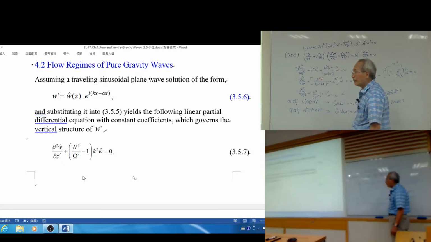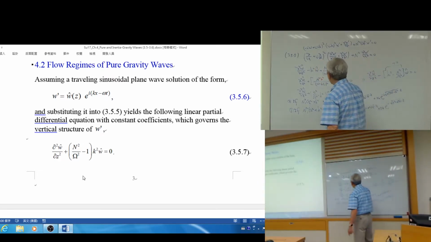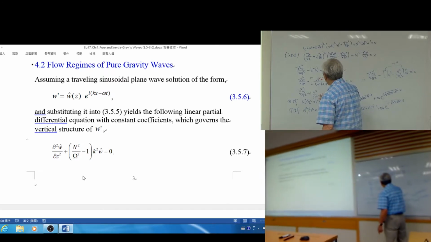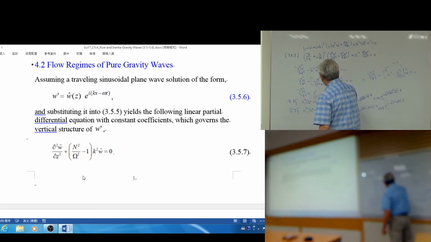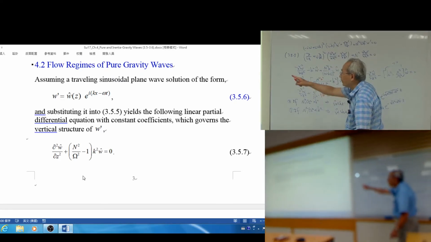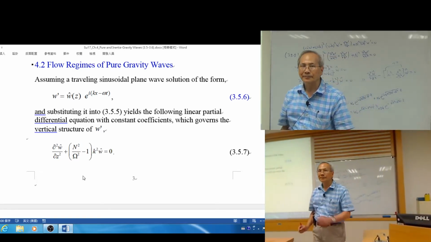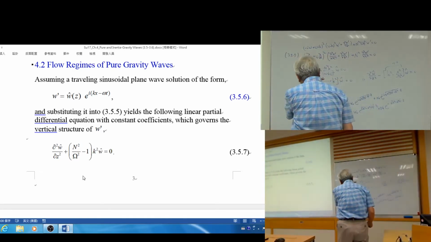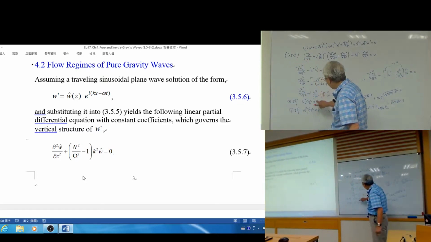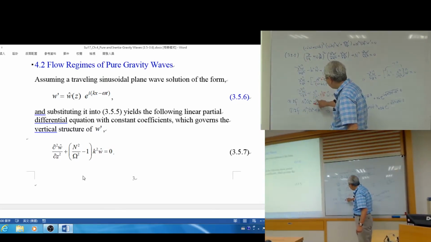So then we pull out, we're supposed to have one here, we're supposed to have k square here, right? So here is supposed to be one.